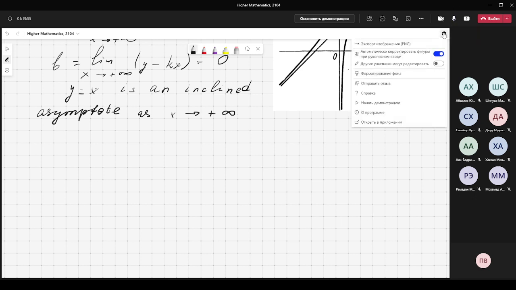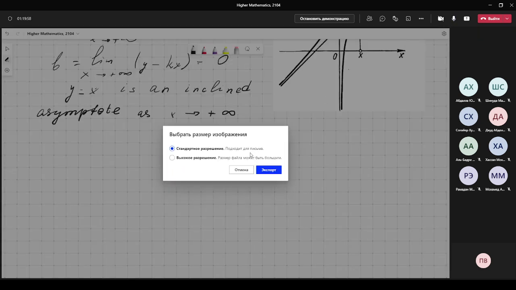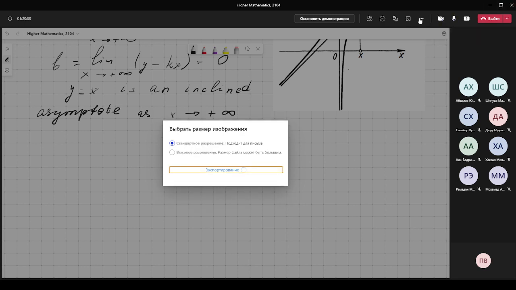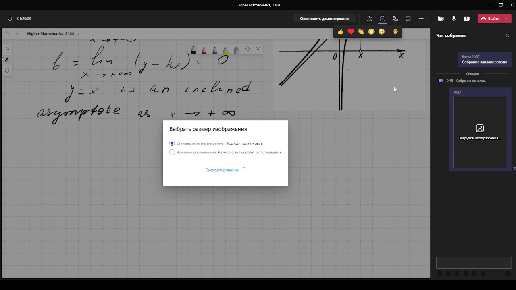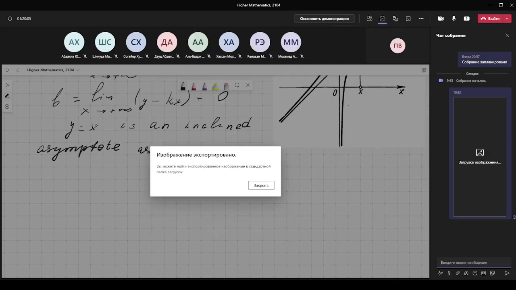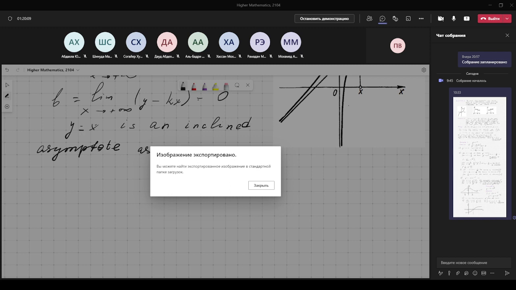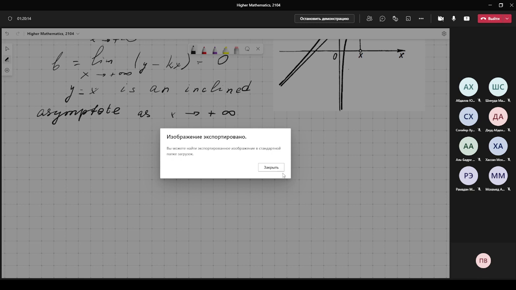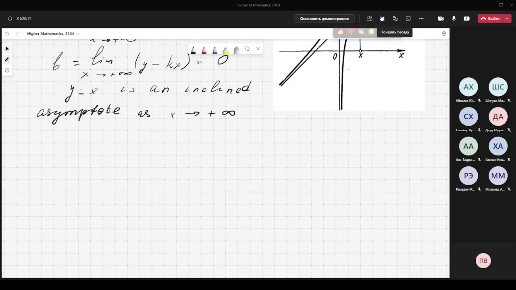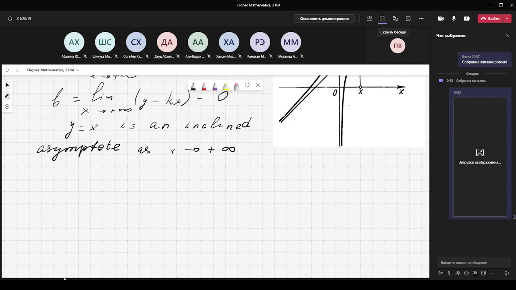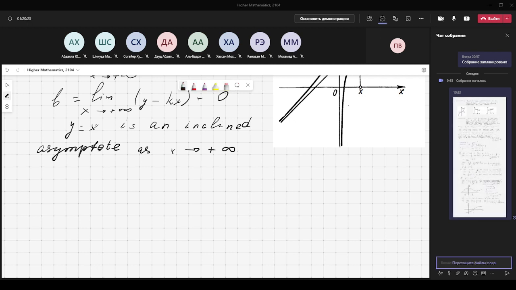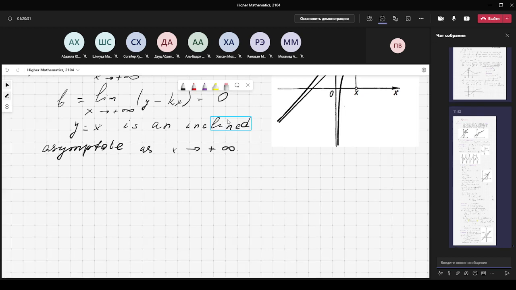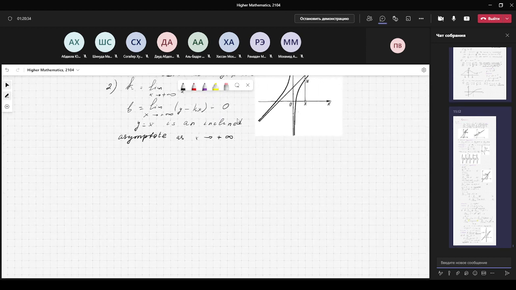Now I give you the screenshot of this board in the chat. Clean the board and we continue. Can you see the board in the chat? You can?